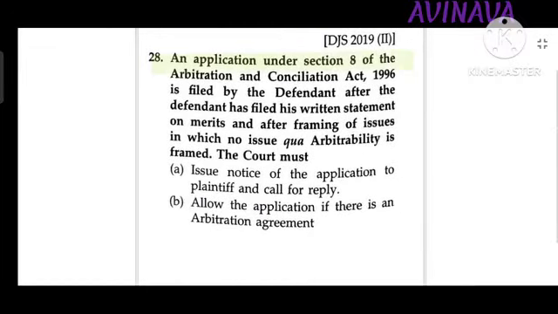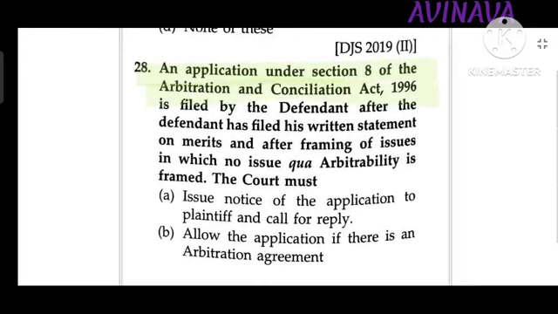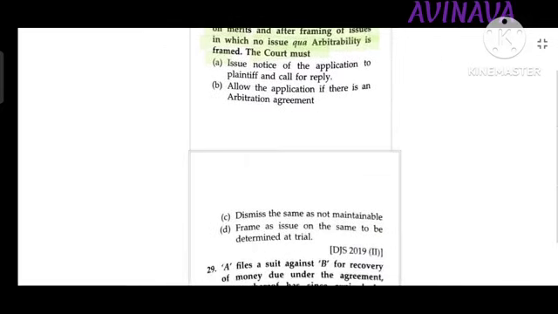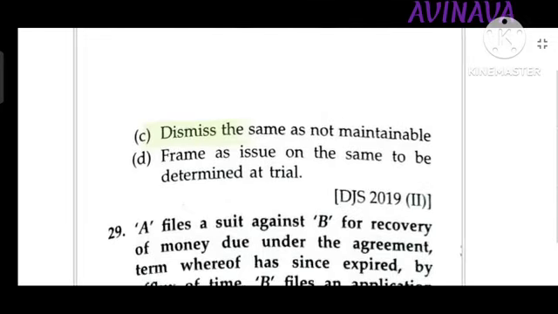An application under Section 8 of the Arbitration and Conciliation Act 1996 is filed by the defendant after the defendant has filed his written statement on merits and after framing of issues, in which no issue qua arbitration is framed. The court must dismiss it as not maintainable.